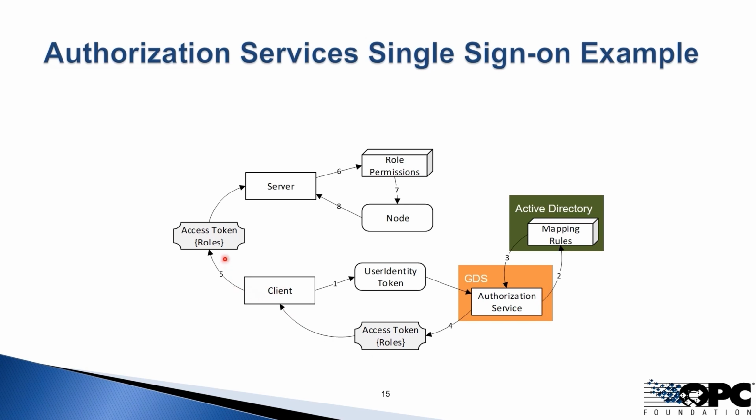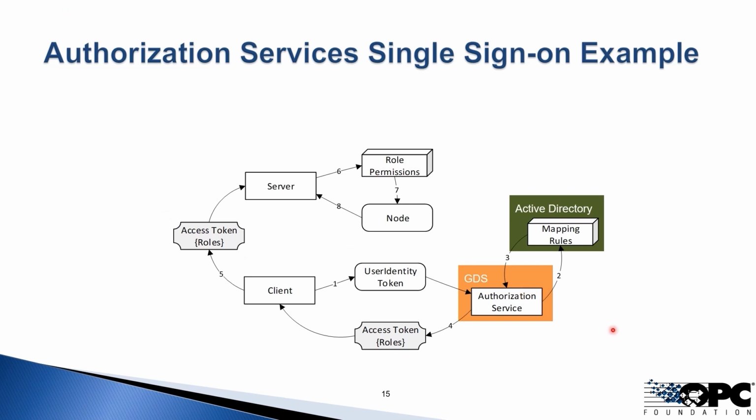The client takes the access token with the roles to the server, the server collects those and can then make that assignment. So all of this happens without any server storing usernames and passwords, nobody having to log into the UA application separate from the Windows login, and essentially single sign-on is achieved in all of the clients and servers in the entire OPC UA system in this case.